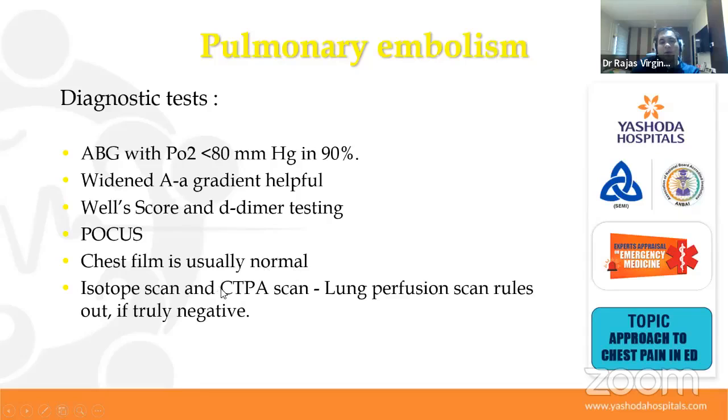A CTPA scan requires contrast, and some patients can be allergic to contrast. Hence, they can have a lung perfusion scan. It can rule out PE if truly negative. But the test of choice is always going to be a CTPA scan.